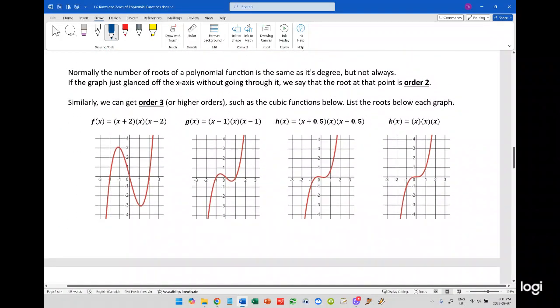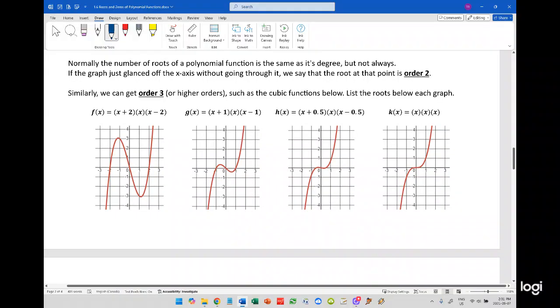Similarly, here I've got a cubic with 3 roots. The first one is 2, 0, negative 2, 0, and 2, 0. The middle of that is the 0, and then the other 2 are plus and minus 2. This one is 0 plus or minus 1. And then as we keep getting a little bit closer, we get 0 plus and minus a half.